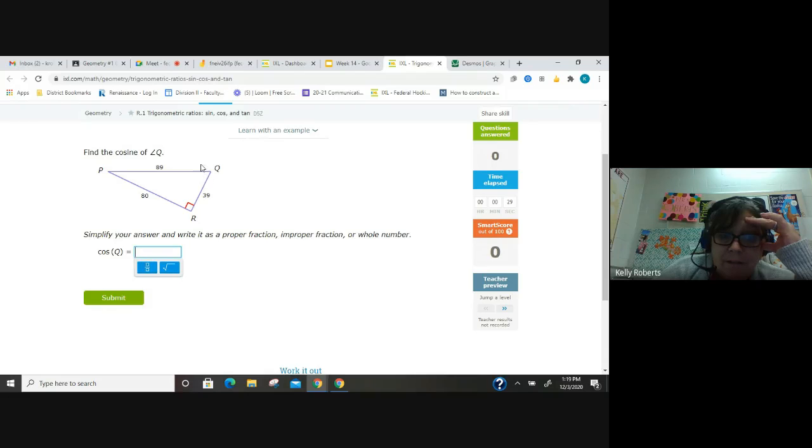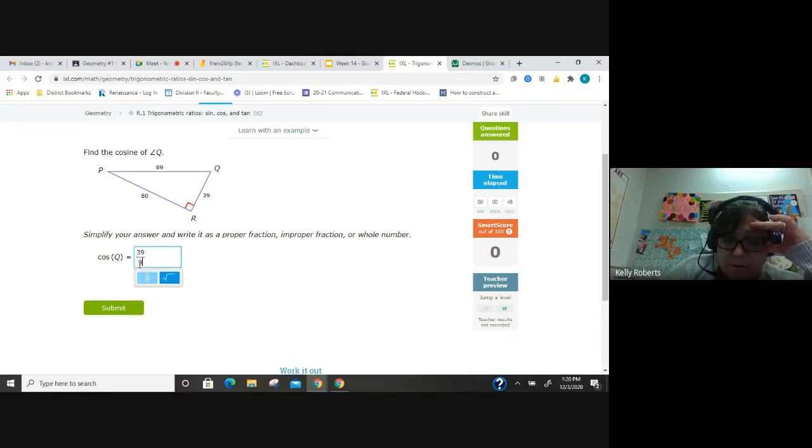Adjacent is the side that touches the angle we're talking about, in this case Q. Well, the hypotenuse touches Q, and the other side to touch Q is 39. So 39 is adjacent, 89 is hypotenuse. So the cosine is adjacent over hypotenuse, 39 over 89. And you always reduce it if you can. In this case, you can't.